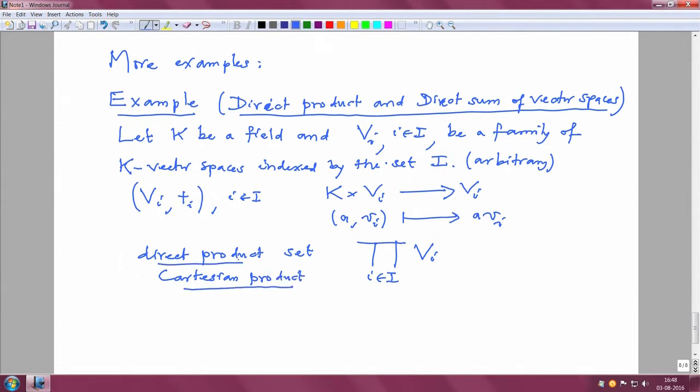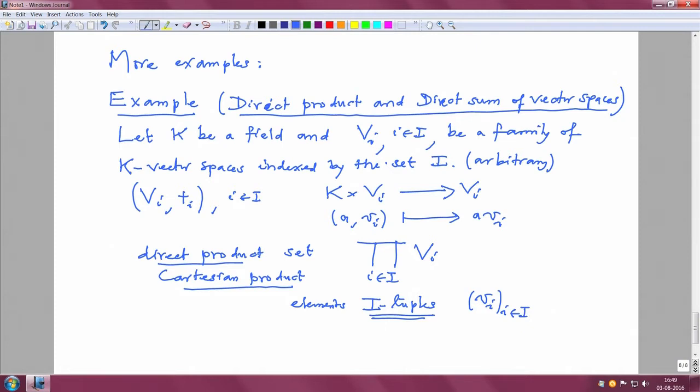So, you can think of elements of this Cartesian product as tuples. So, they are I-tuples, that means like this, (vi), i in I. The elements of this set are I-tuples. You see, if the set I is countable, then you can write this as 1 to n and so on, you can denote the tuples.